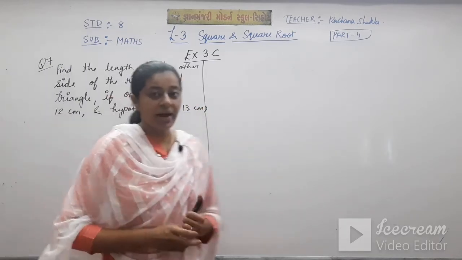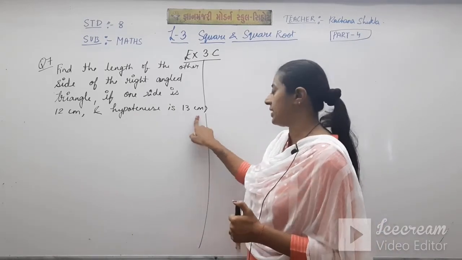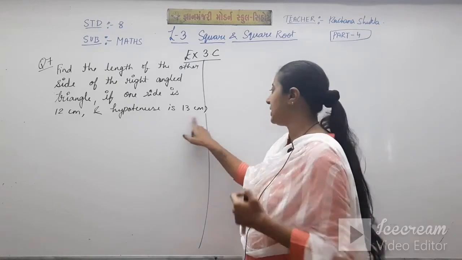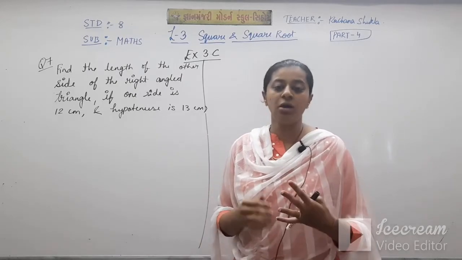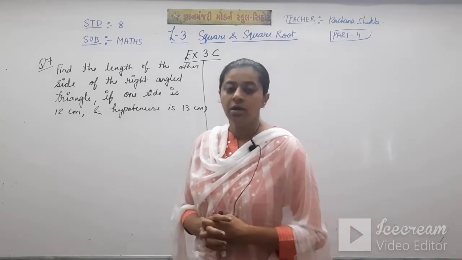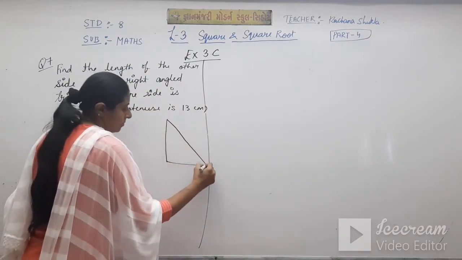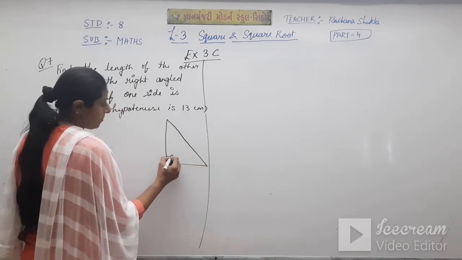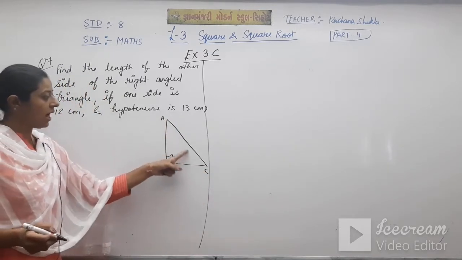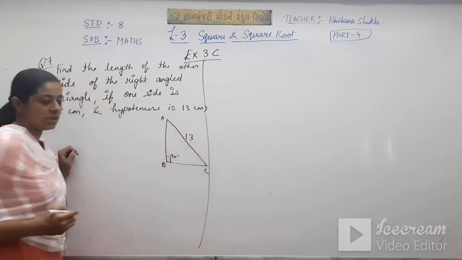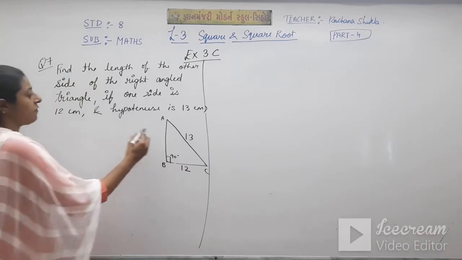One right angle triangle is given and in that triangle the hypotenuse is 13 centimeter, and one side is 12 centimeter. You have to find the length of the other side. Let's first draw the figure. This is a right angle triangle ABC. This is the hypotenuse AC and that is 13, and BC is 12. You have to find AB.